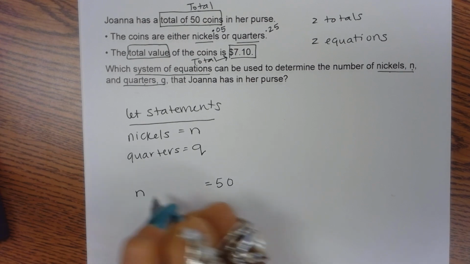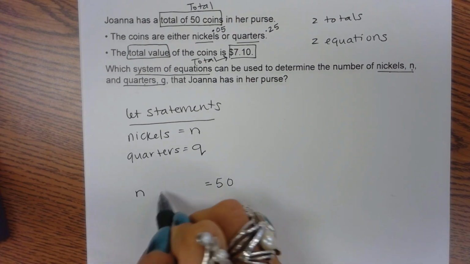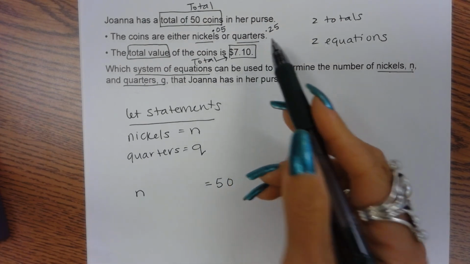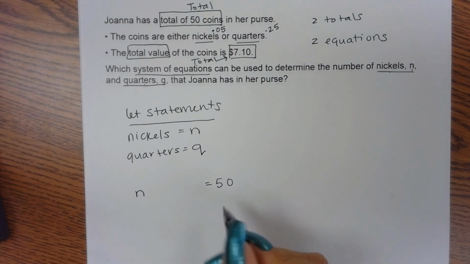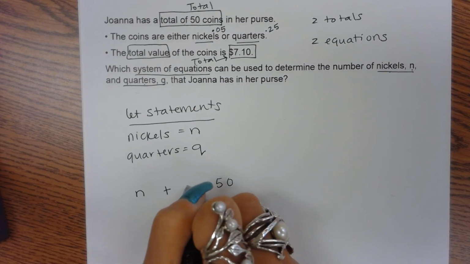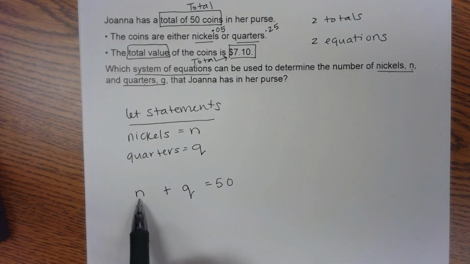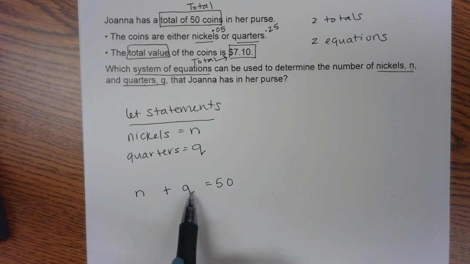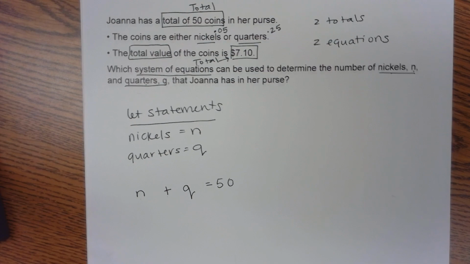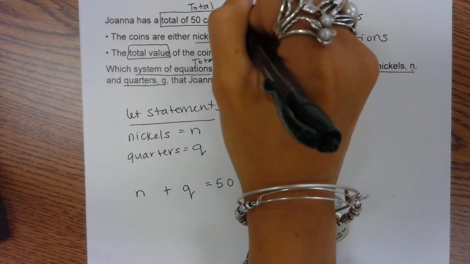So we're going to say N. And how many quarters are in her purse? I don't know. So we're going to say plus Q. We know that both of them are in her purse, but we don't know how many. So we just say nickels plus quarters equal 50 coins in her purse. Okay, so we dealt with this total.